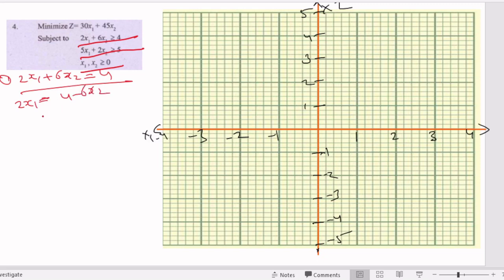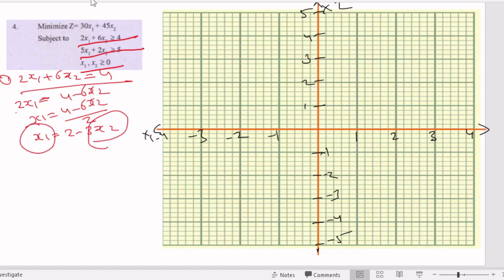Just take 6x2 to the right hand side. x1 is equal to (4 minus 6x2) divided by 2. The 2 went to the denominator, so it will be 2 minus 3x2. Now it becomes easy. Substitute the value of x2 to get the value of x1 and find the points.